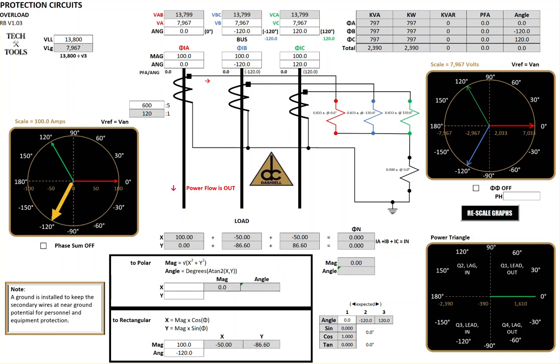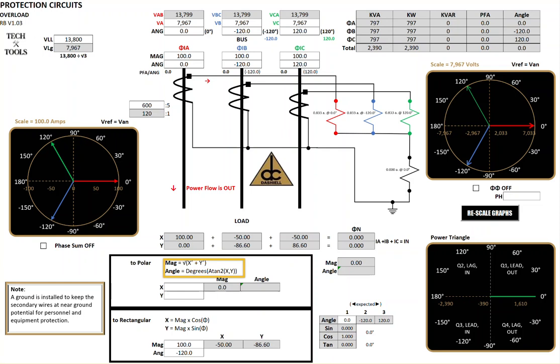So now, if I use these values right here and simply put those in right here, because I'm going to do the conversion to polar. To get magnitude, I'm going to do x squared plus y squared, and take the square root. And for the angle, I'm going to use this formula right here in Excel called degrees of arctangent 2 of x comma y.